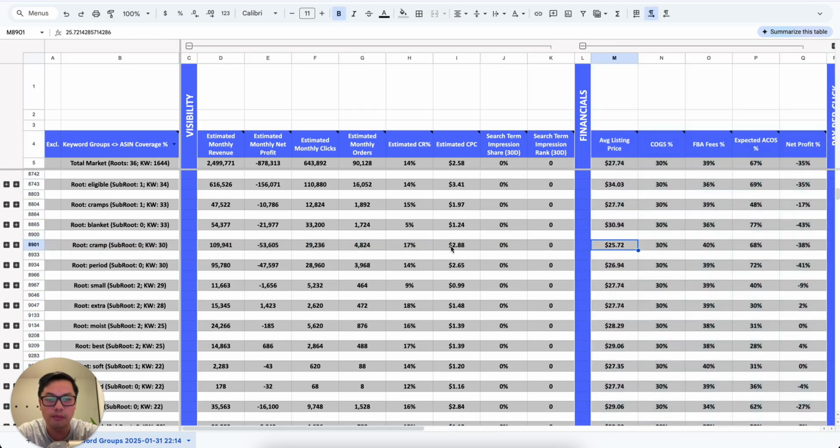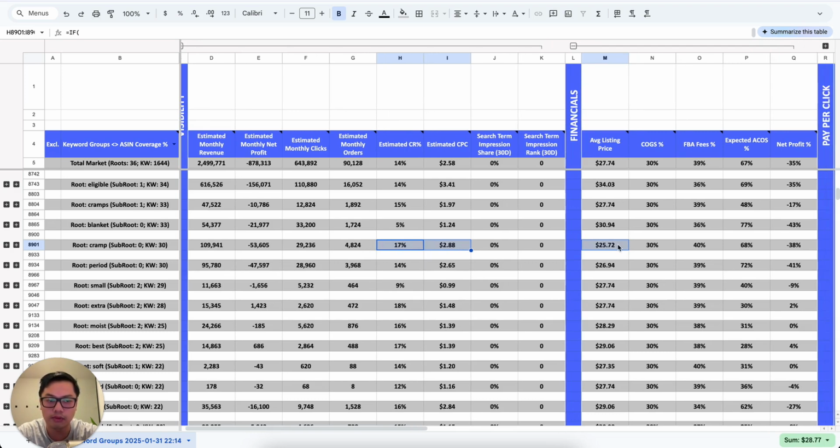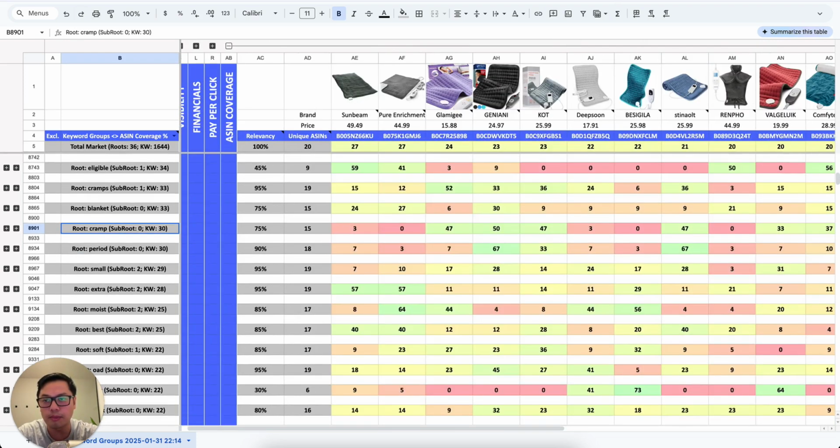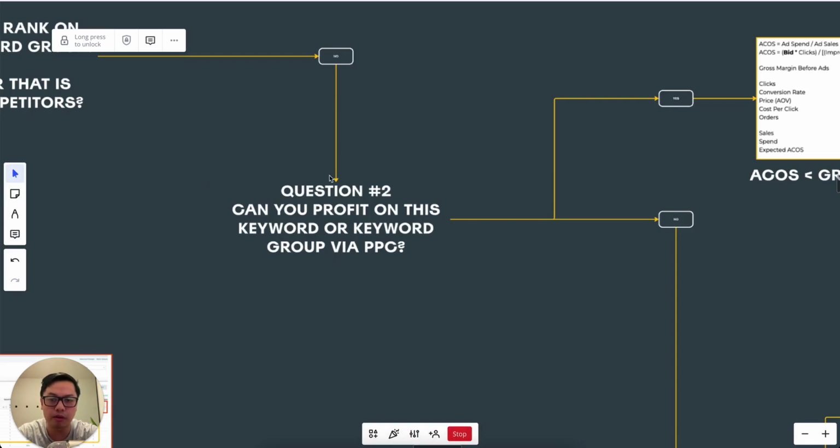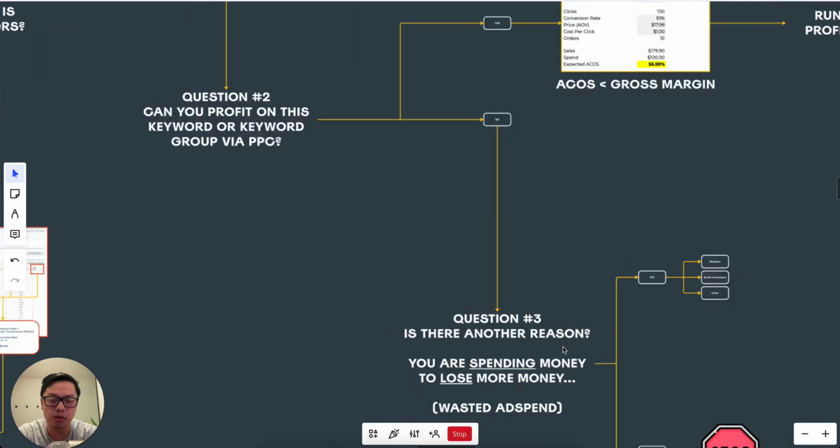Between these three, either the conversion rate's not high enough, the CPC is too high, or the average listing price is not high enough. As a result, it's giving me an estimated ACOS of 68%. That's what you can expect if you were to run on these keywords. So coming back here, can you be profitable on this keyword? The answer is no.